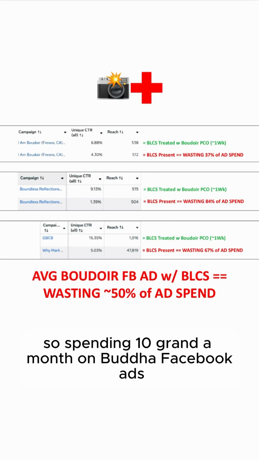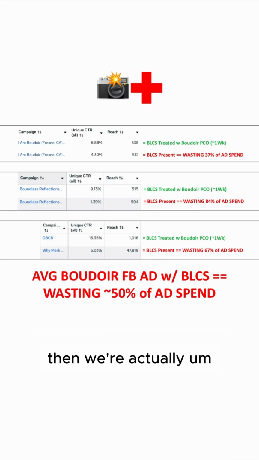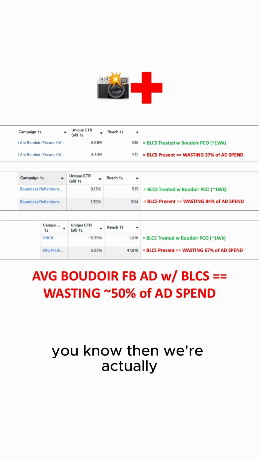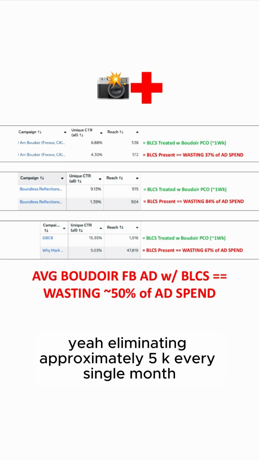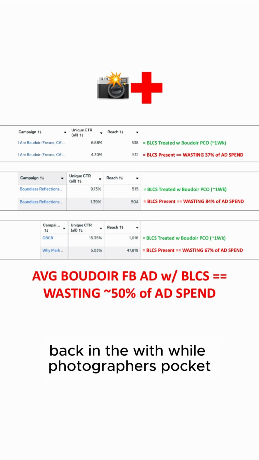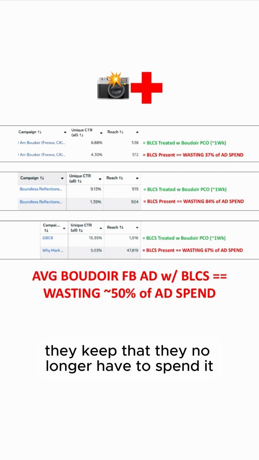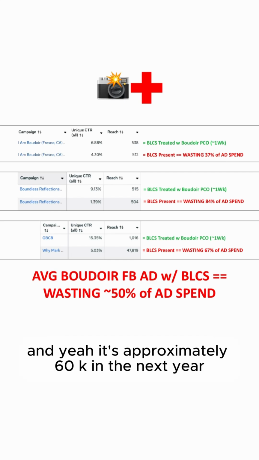So if you're spending 10 grand a month on Boudoir Facebook ads, then we're eliminating approximately 5K every single month back into the Boudoir photographer's pocket. They keep that, they no longer have to spend it. And it's approximately 60K in the next year.